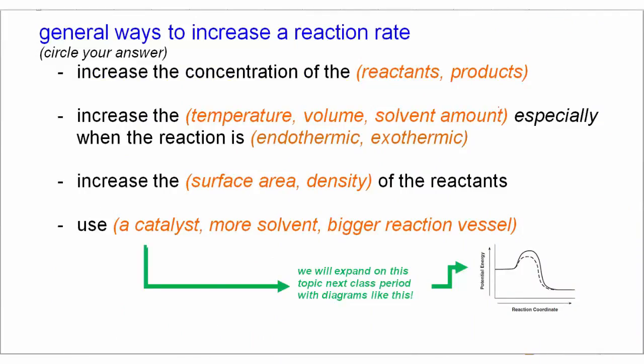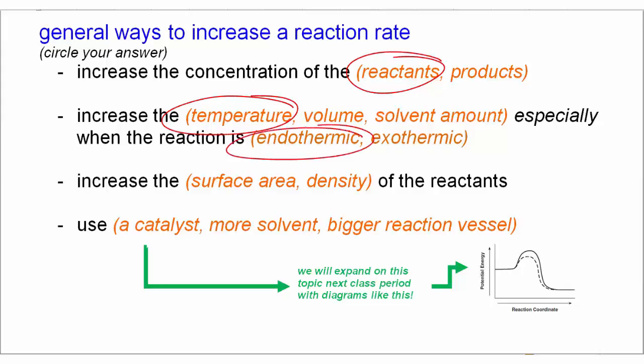So there are some general ways to increase a reaction rate. See if you can circle your answers and get this. We could make the reaction proceed faster, get product to be produced much more quickly, if we increase the concentration of reactants. You can actually slow things down if you put in products. Increase the temperature, right? Things move around faster when it's hotter, especially when the reaction is endothermic, because heat is a reactant.